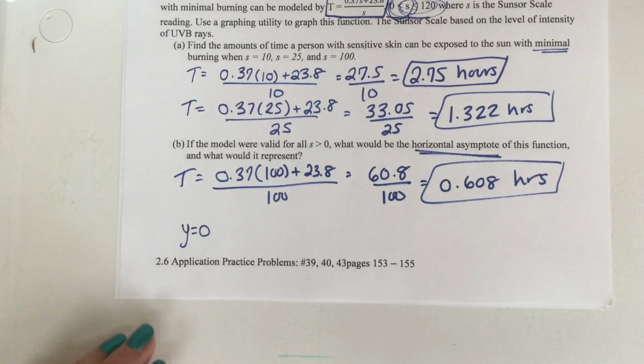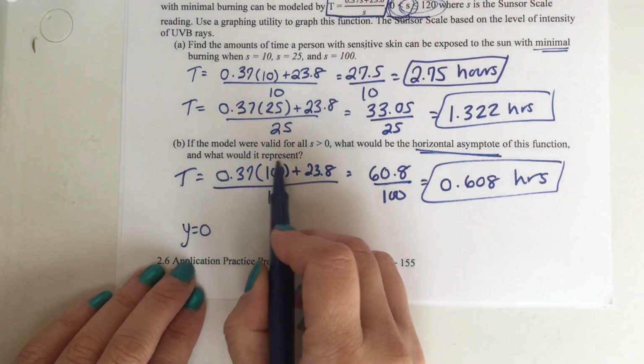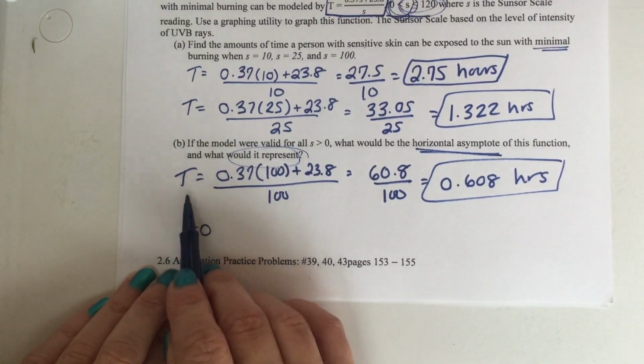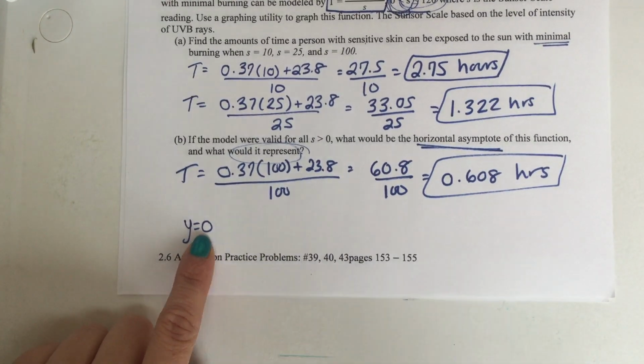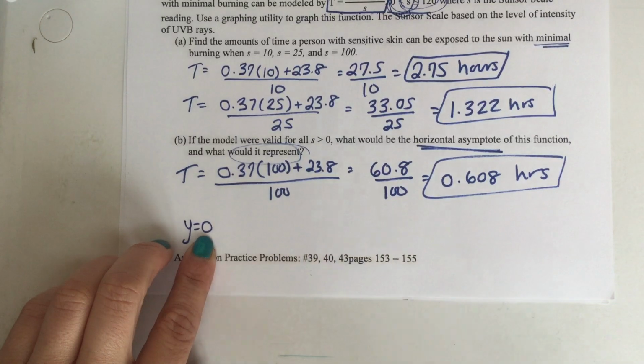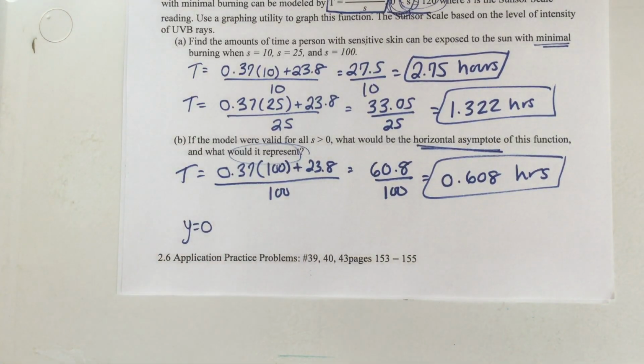Remember, it's horizontal, so it cuts the Y-axis. That's why the equation is Y equals. What does it represent? Well, in our case, the Y is t, which is time. The reason why it's 0 is because you can't tell somebody that you can go outside 0 minutes without getting fried. I mean, you can definitely go out a minute or two, even if the sun is really, really hot.